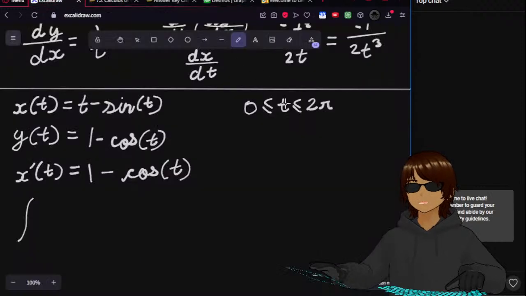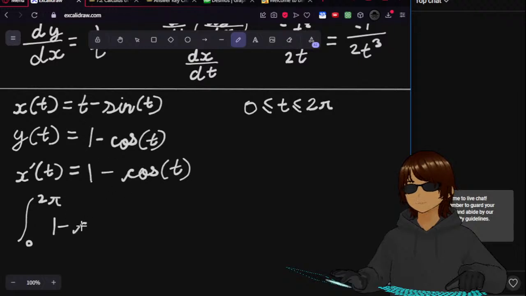So no, area under this from 0 to 2 pi is cos t squared. So y(t) times this dt.